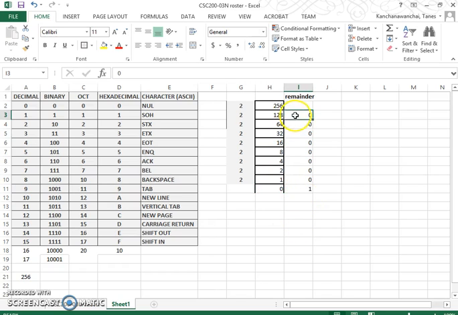So the remainder part here, this is where you convert to binary numbers.